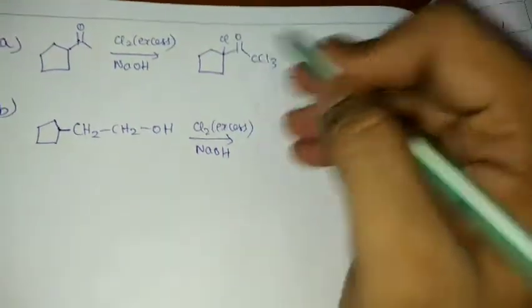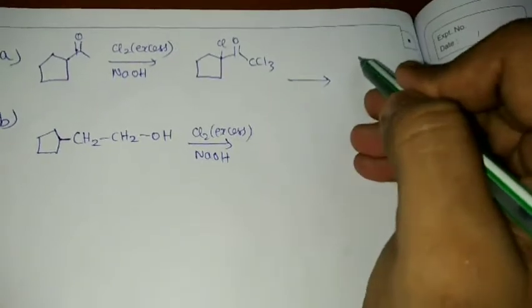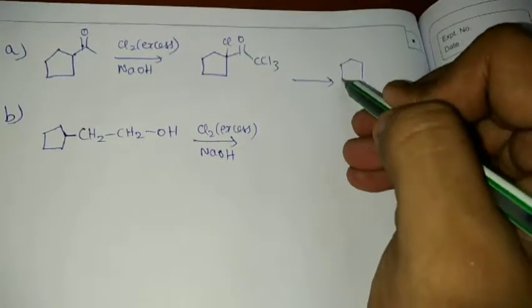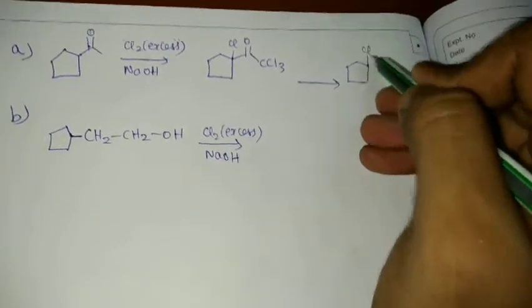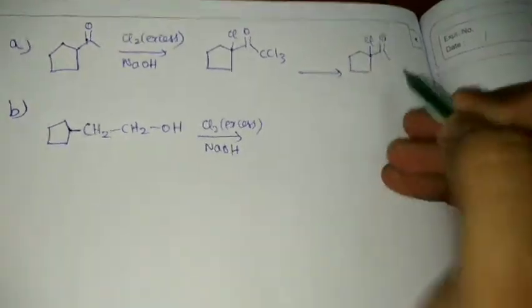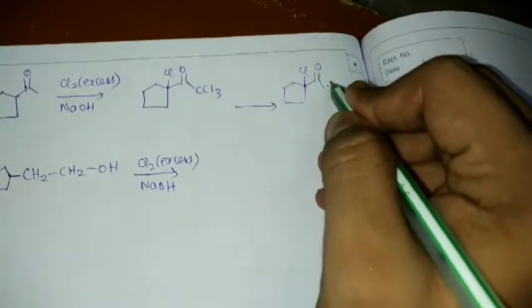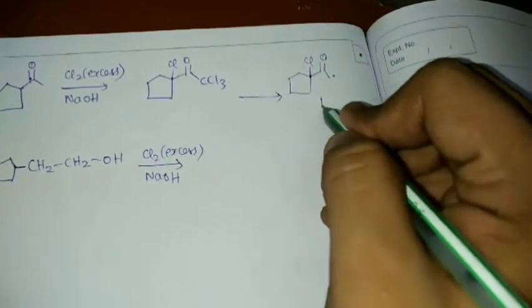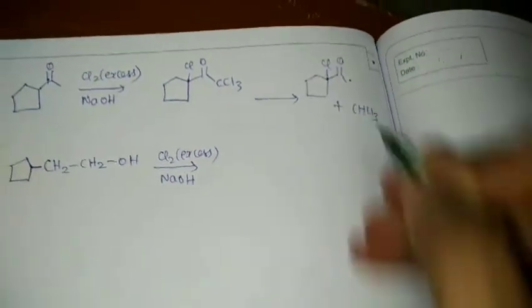So the haloform reaction takes place, so that this will form. So basically CHCl3 is precipitated out. So you can write the products up to here also.